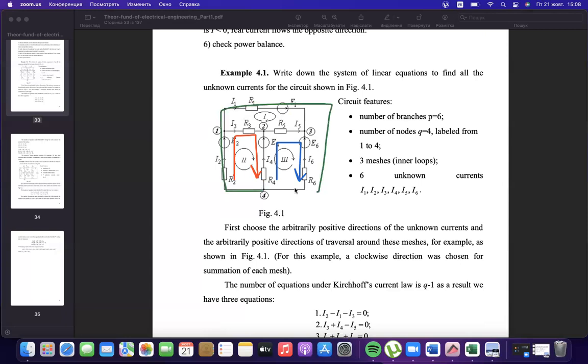You could take the outside one because a new branch is added. Or you could take such a mesh. Also, you are adding a new branch, so everything is okay. It is just whatever is more comfortable for you. And for example, if you take the bigger circle, you have 5 resistors inside it.